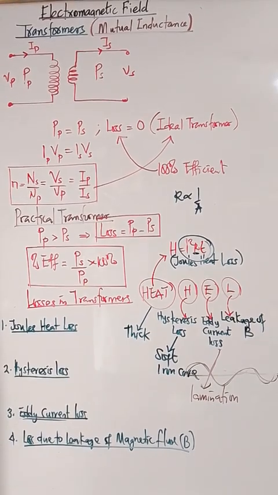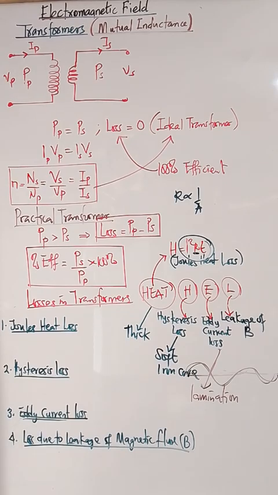As for the leakage, this arises because not all the lines of induction pass entirely through the iron core. Some are outside. This can be reduced by special forms of coil winding. We have different styles we can use to wind the coil around the core.